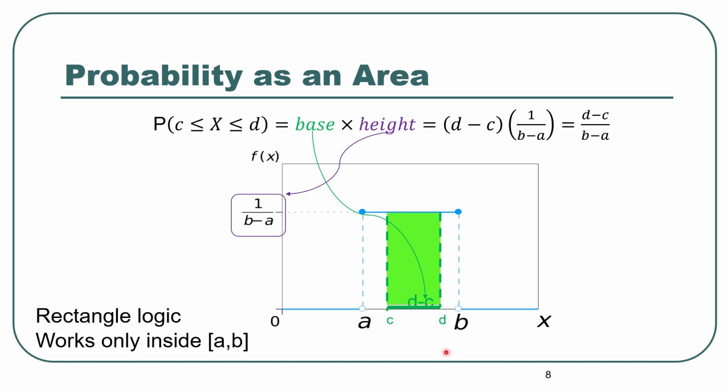Again, this is a rectangle logic, and it works for x being inside that range a, b. If x is outside, as we said before, the probability or that height is gonna be exactly 0.